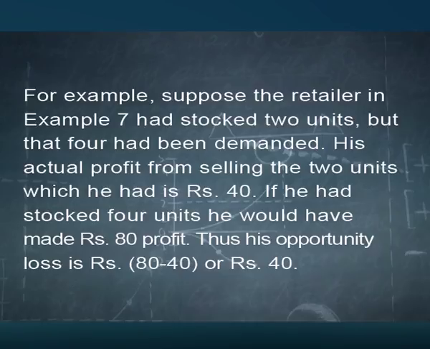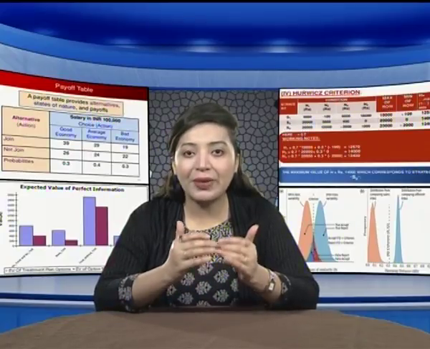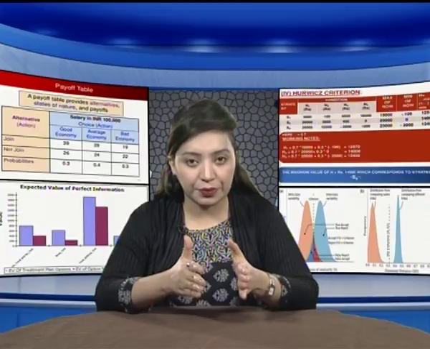His actual profit from selling the 2 units which he had is rupees 40. If he had stocked 4 units, he would have made rupees 80 profit. Thus, his opportunity loss is rupees 80 minus 40, that is rupees 40. It may be noted that opportunity loss can never be negative. The loss for the best possible act is 0.